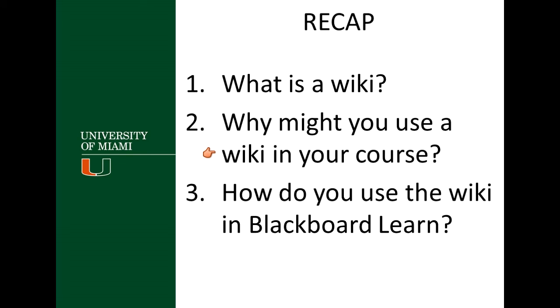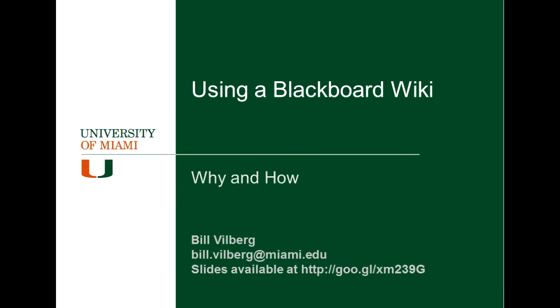Oh, there are a bunch of great reasons. Writing to learn, collaborative writing, all of that. And how do you use the wiki in Blackboard Learn? Well, you create the wiki, you create the pages, you create links to the pages and then you create a link in Blackboard to the wiki. So those 4 steps should cover it for you.